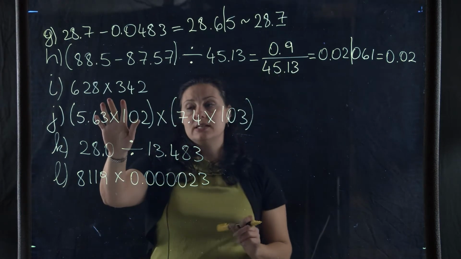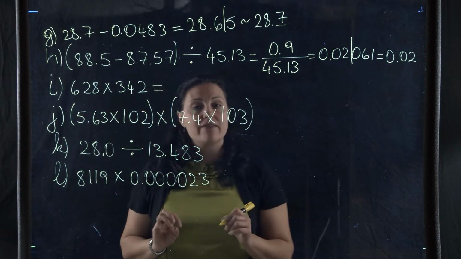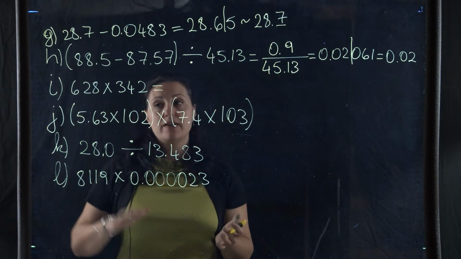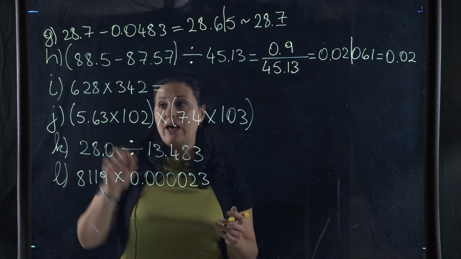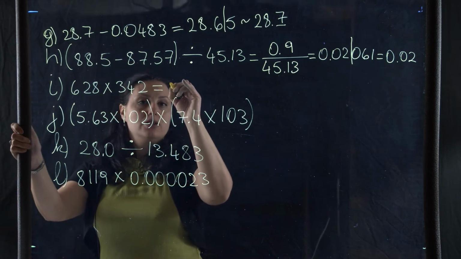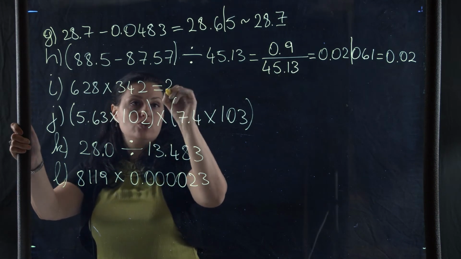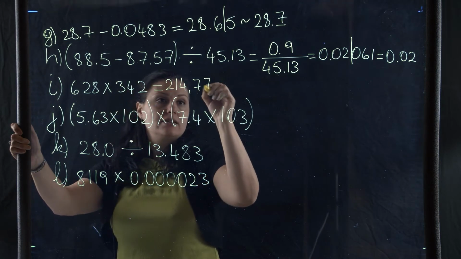Let's look at this number. This is a multiplication, so my answer should have the same number of significant figures as the one that has the least. These have the same amount, they're both 3. So if you do that, it should come out to 214,776.